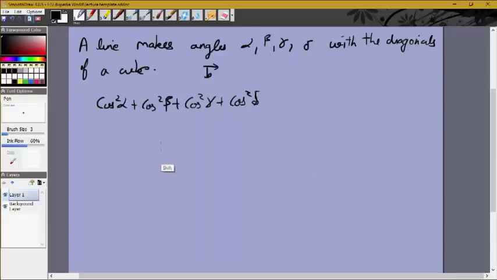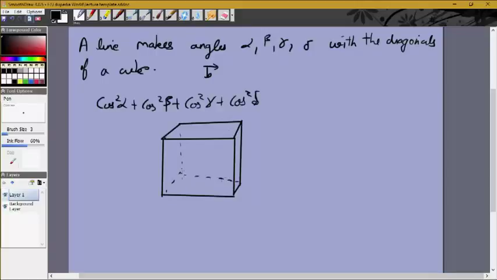We'll try to choose our simplest possible cube, a cube which has a side of length a and one side at the origin. I apologize for my drawing.